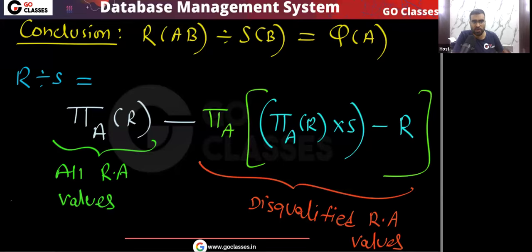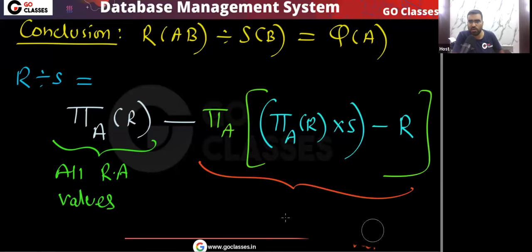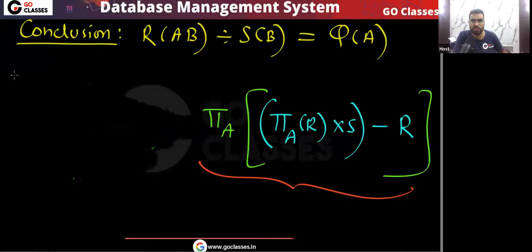One more thing I want to ask you. Disqualified R.A values, what does that mean? In the GATE exam, they can give you this equation and ask what it gives you.